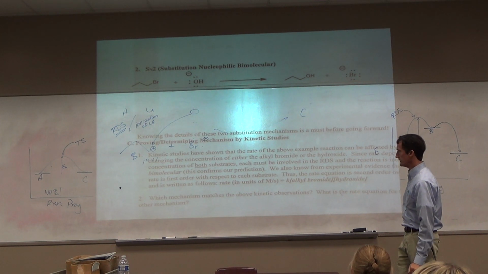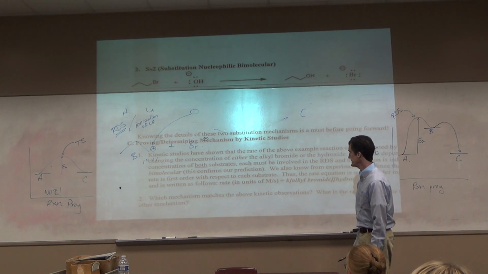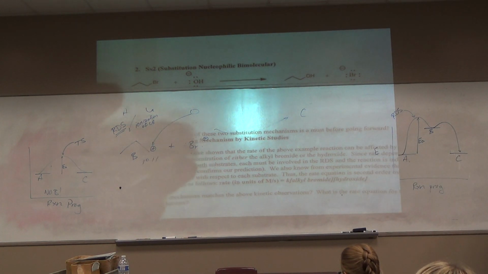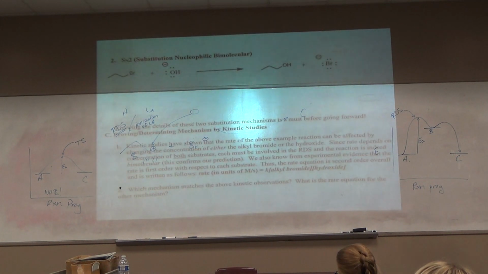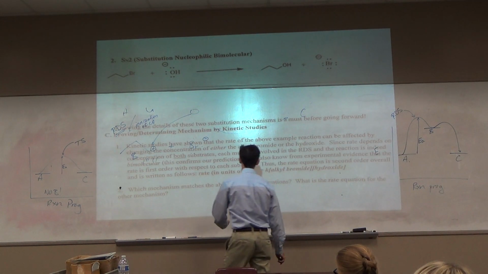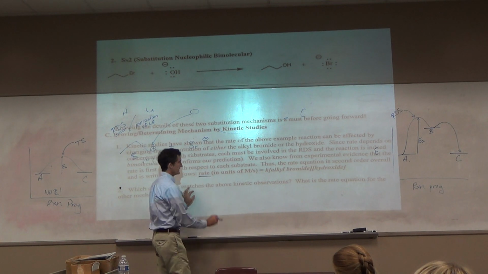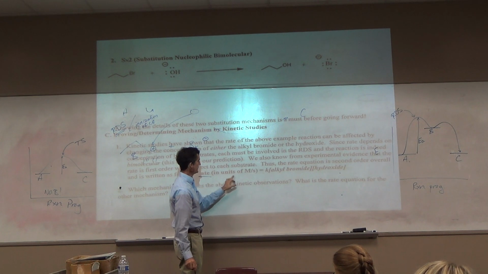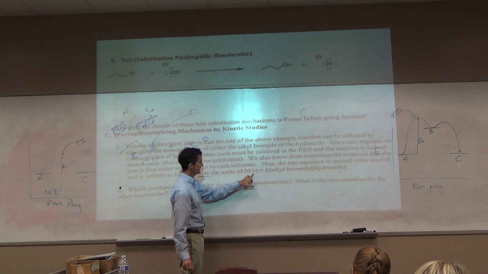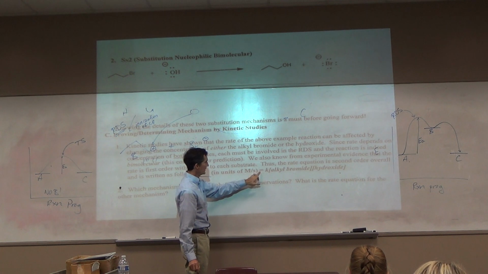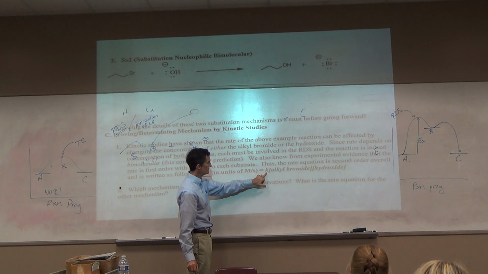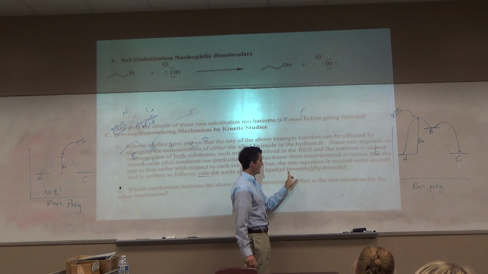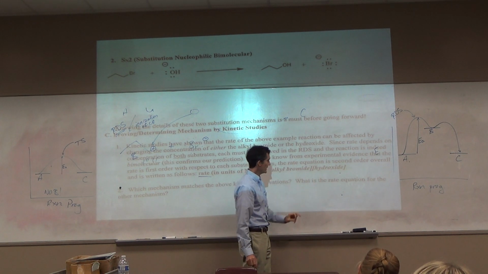We also know from experimental evidence that the rate is first order with respect to each substrate. Thus, the rate equation is second order overall and can be written as follows. The rate, in units of molarity per second, equals some type of constant, k, times the concentration of the alkyl bromide times the concentration of the hydroxide.